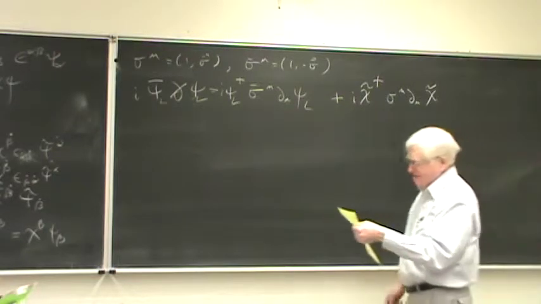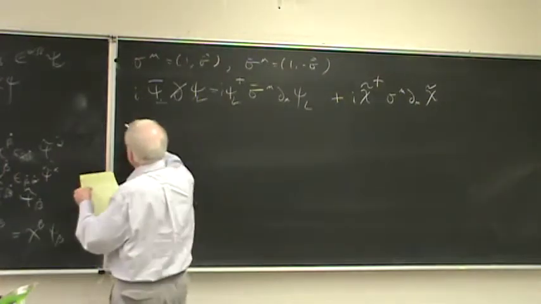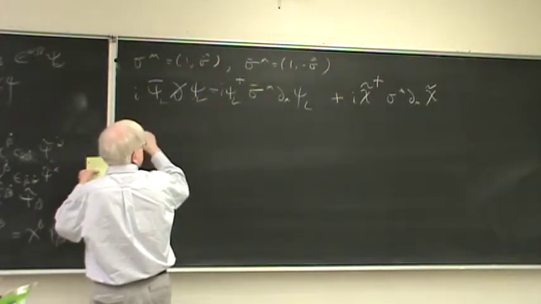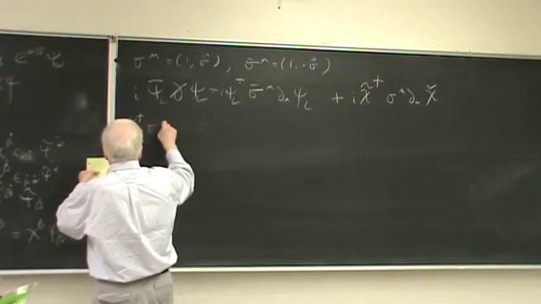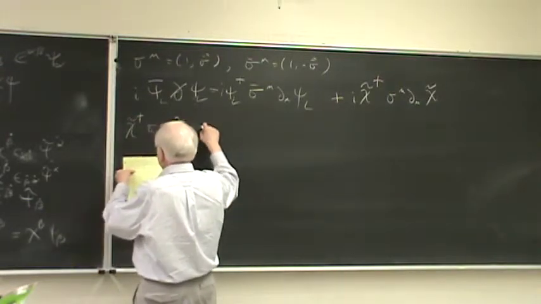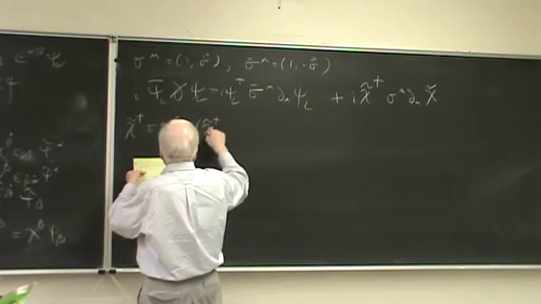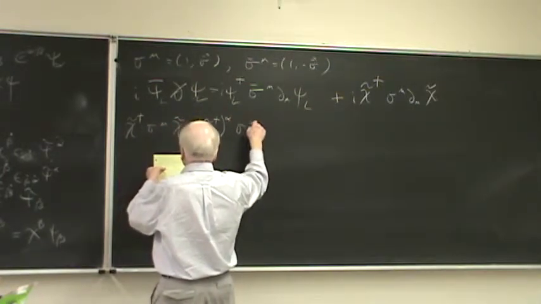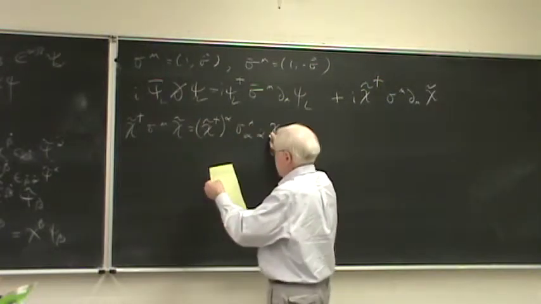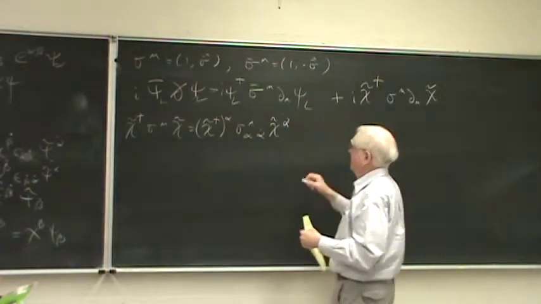Now, in terms, once again, of these dotted and undotted indices, the second term is chi tilde dagger sigma mu chi tilde. So that's chi tilde dagger alpha sigma alpha mu alpha dot chi tilde alpha dot.